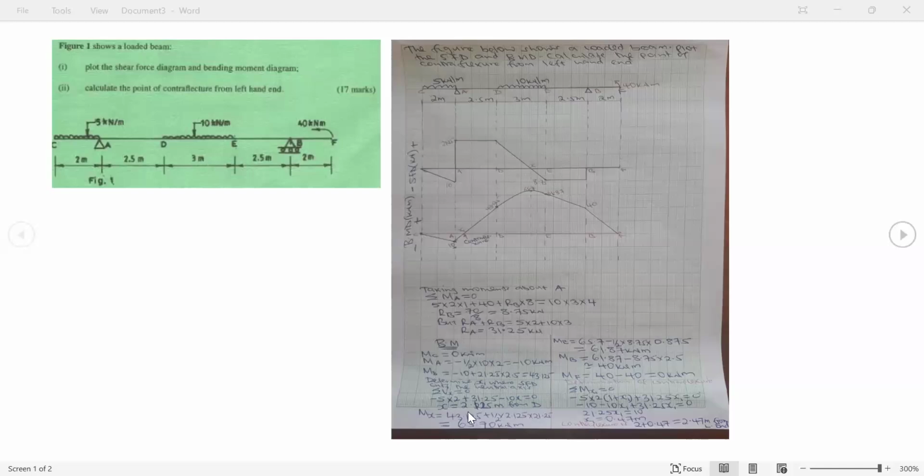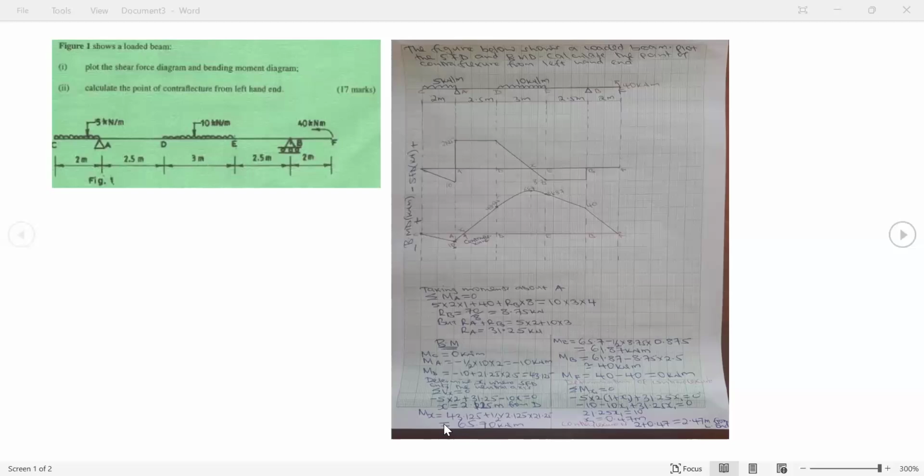So you find that x will be 2.125 from D. Now if I want to compute the value of moment at x, it will be so easy.